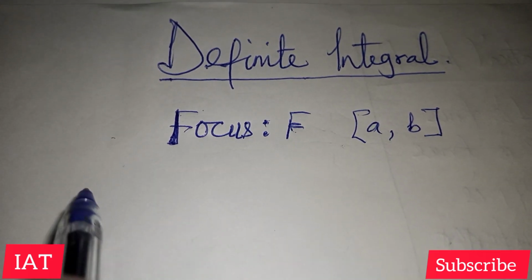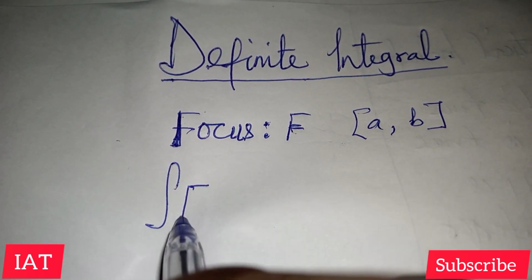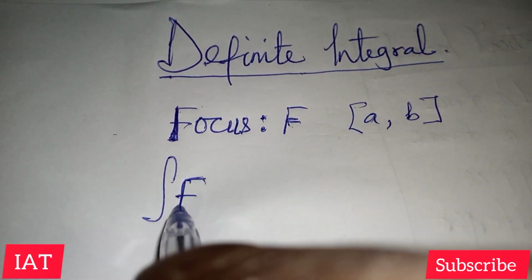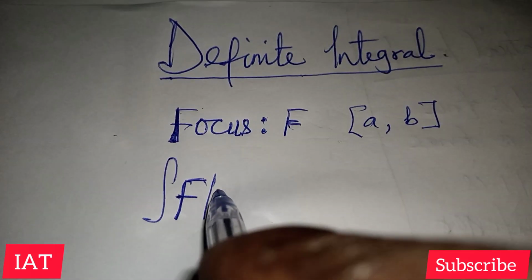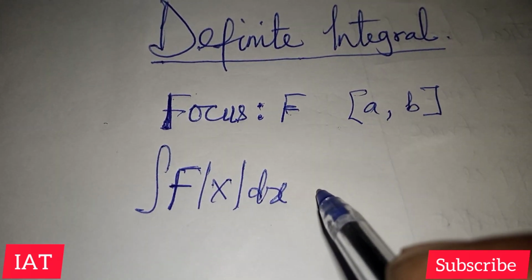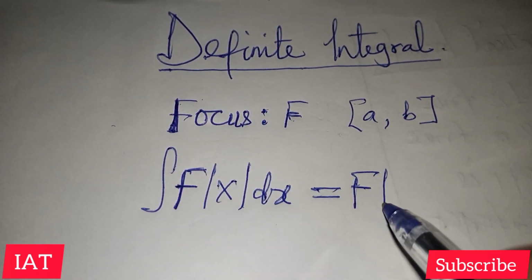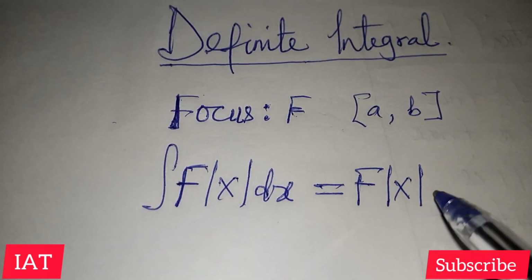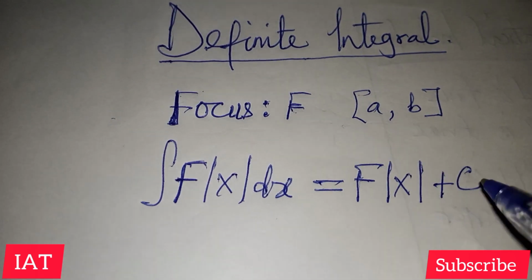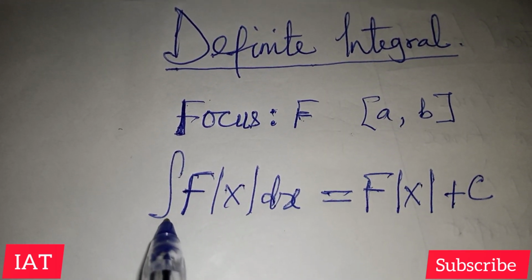For example, if I have an integral of a function, let's use x dx, the result of this will be the antiderivative of x plus constant c. And this is what we call the indefinite integral.